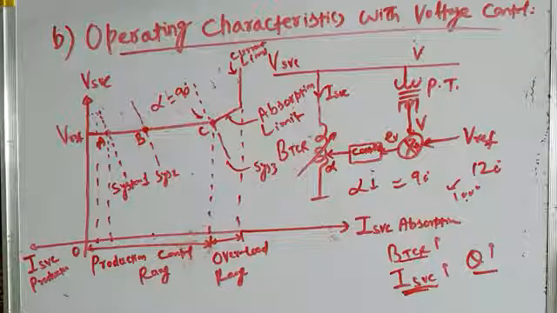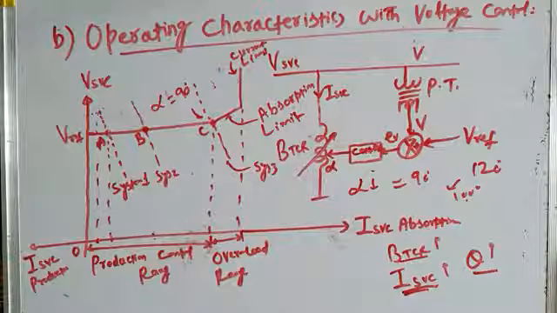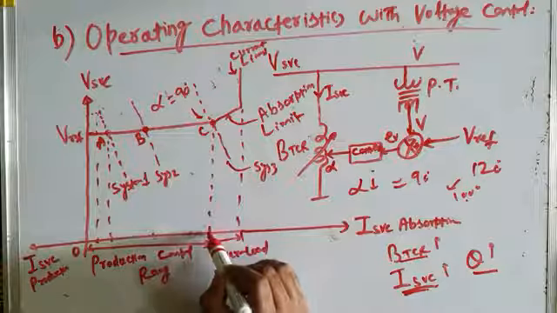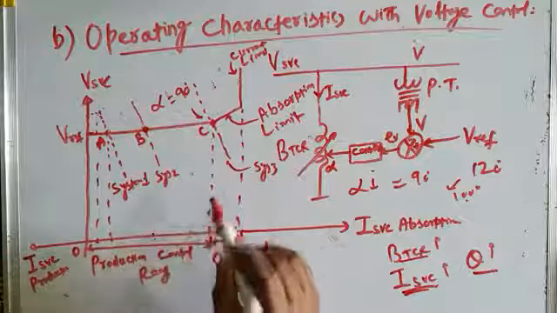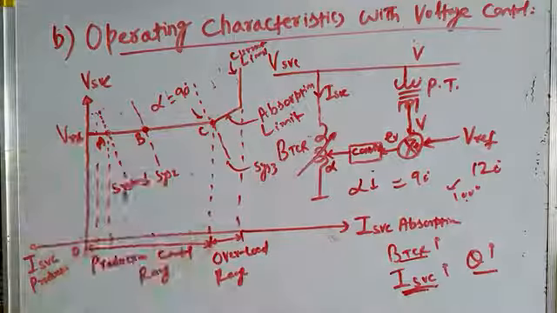We know that at alpha equal to 90 degrees, TCR current is maximum, and maximum reactive power is absorbed by the TCR. Depending upon the rating of the TCR, at alpha equal to 90 degrees it will draw maximum TCR current as shown by this operating point, and hence it will make the bus voltage exactly equal to Vref.